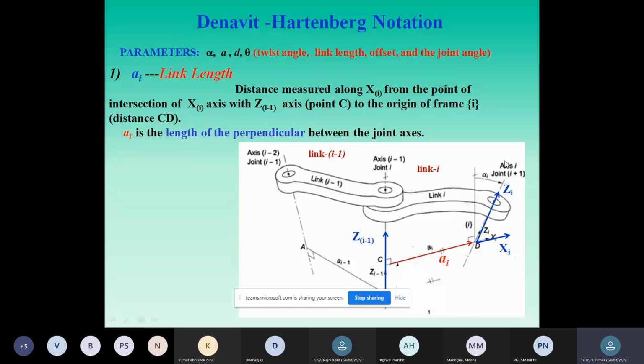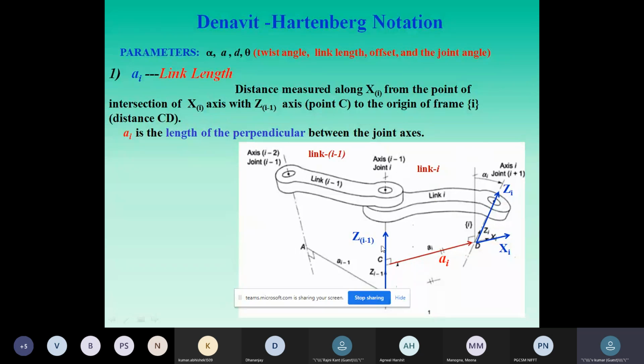Come here. This is our z axis. This is our zi. This is our xi, and another is yi. Similarly, for axis i minus 1, you have already attached zi minus 1, xi minus 1, yi minus 1, defined already. From these two, we define the link length. Link length is the distance between D, the origin of frame i, and the point C where xi intersects zi minus 1, along the xi axis.